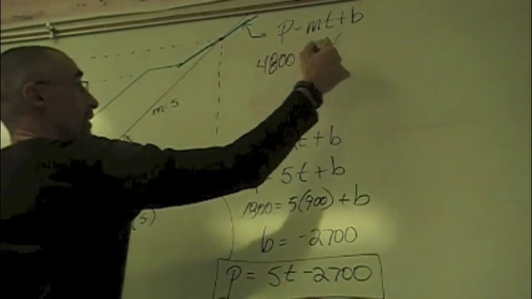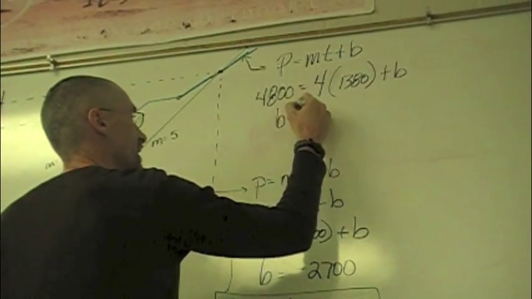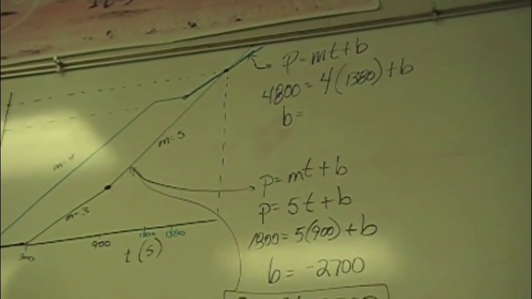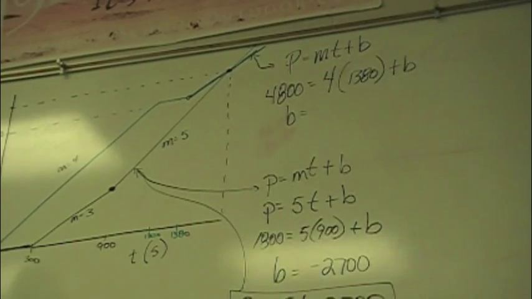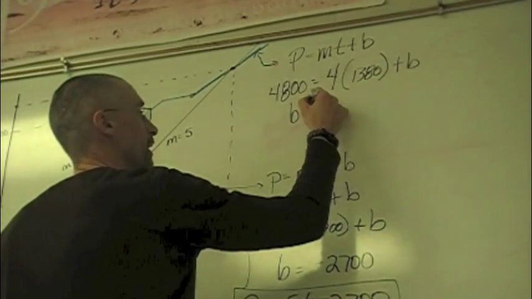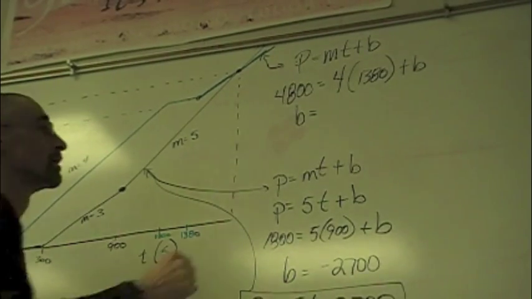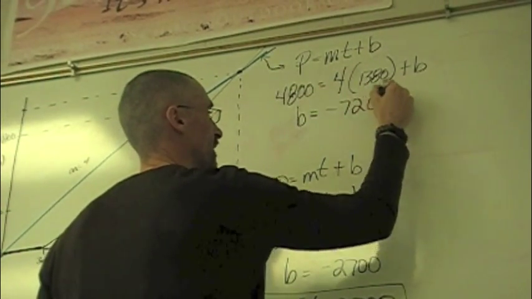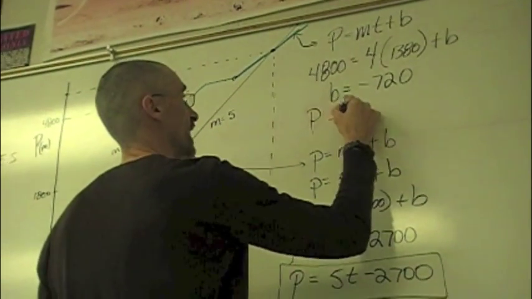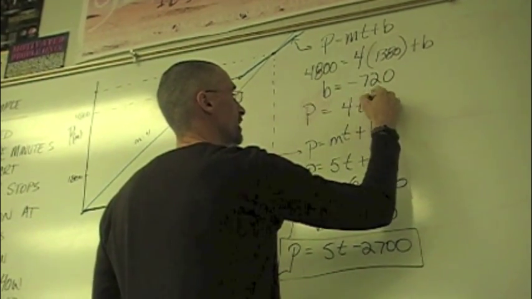So we've drawn that in already, so we have 4 times 1380 plus b. And then b, you guys will have to help me out on that one. What's 4,800 minus 4 times 1380? Negative 720. Can I get a verification on negative 720? Yeah. Okay. So our equation for that line is P equals 4 times t minus 720.